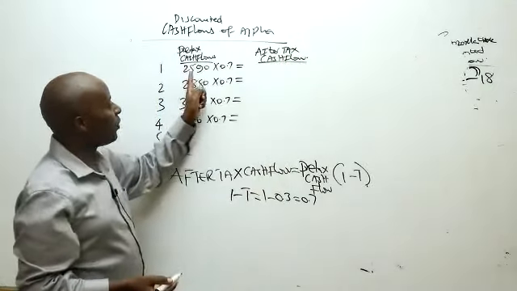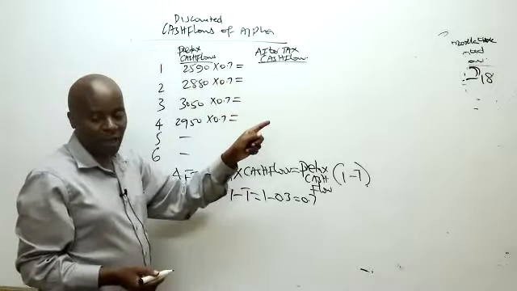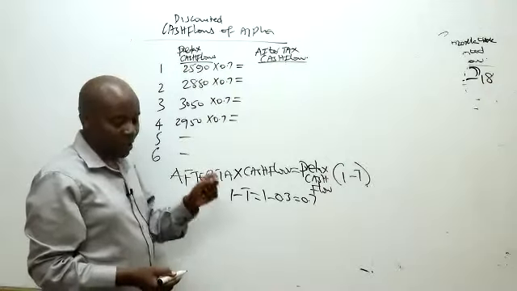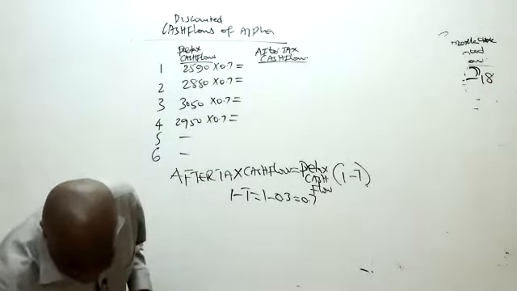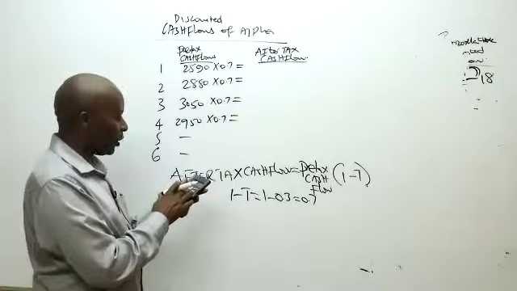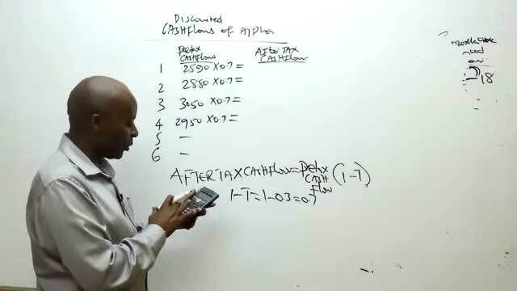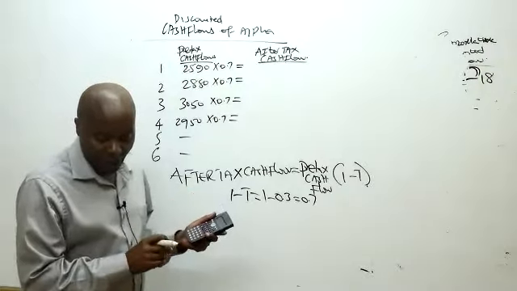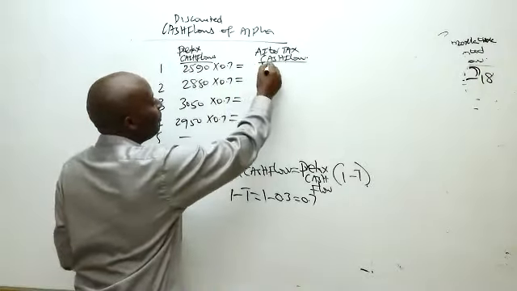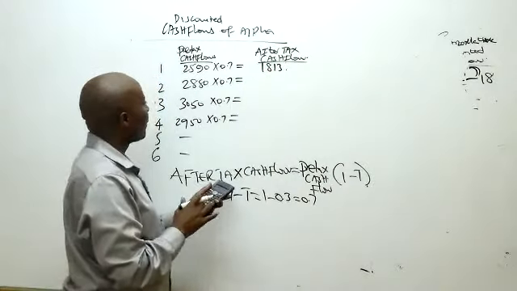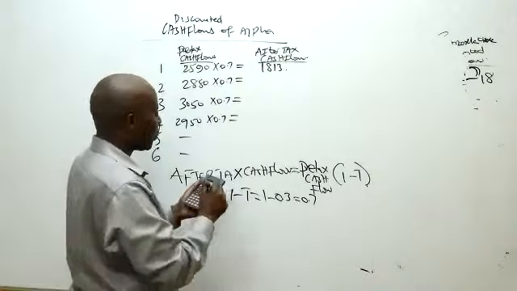So you take 2590 times 0.7. Give us a figure. We write here 2590 times 0.7, giving us 1813. From there we have 2880 times 0.7, giving us 2016.